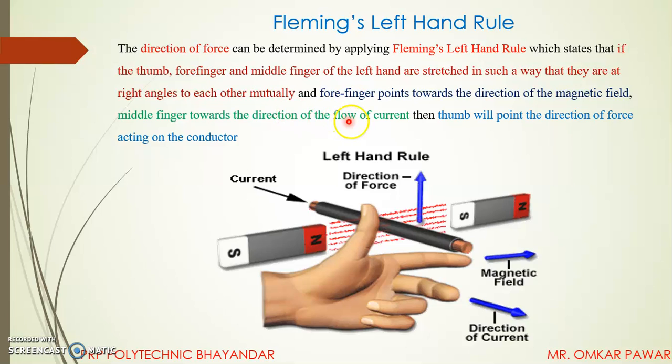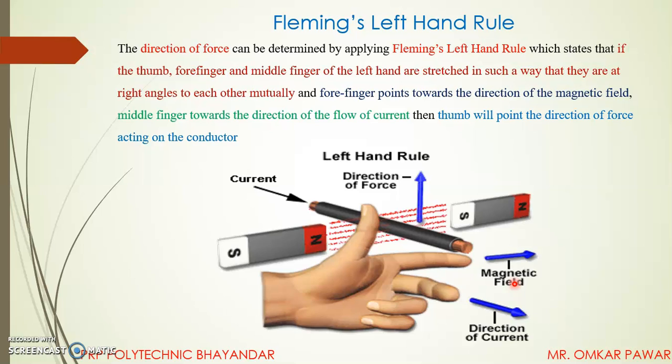The forefinger points towards the direction of magnetic field. In this case the magnetic field always flows from N to S, so the forefinger indicates the direction of magnetic field. The middle finger points towards the direction of current. Suppose the current is flowing in this direction and the magnetic field is in this direction, then the middle finger indicates the direction of current.